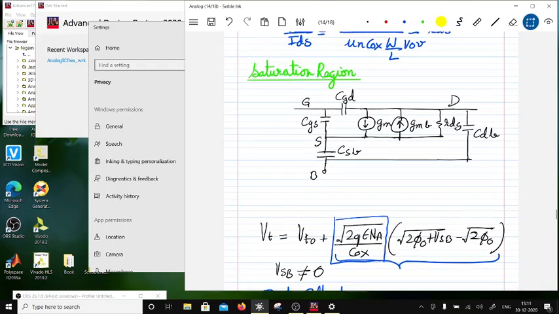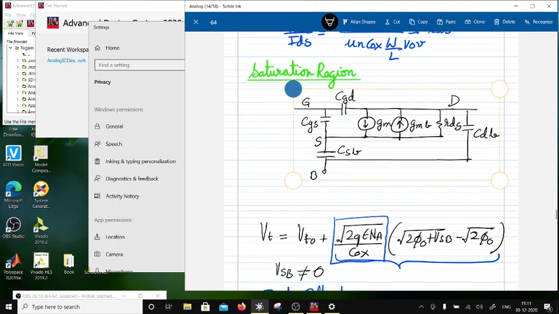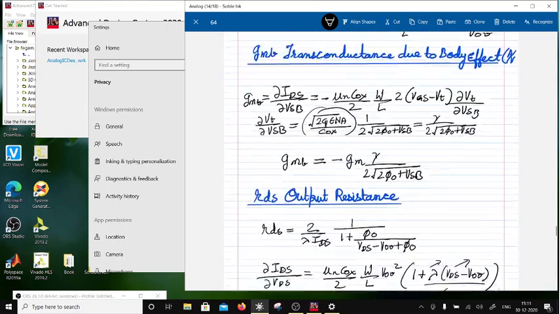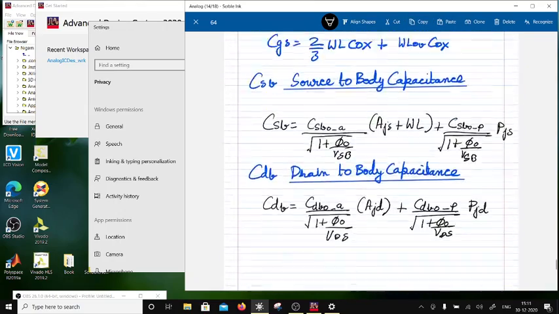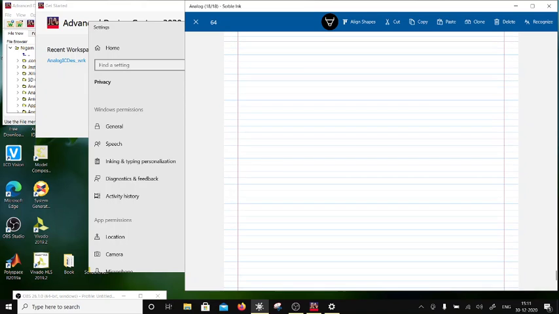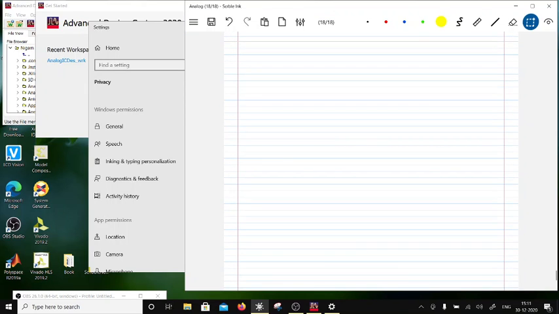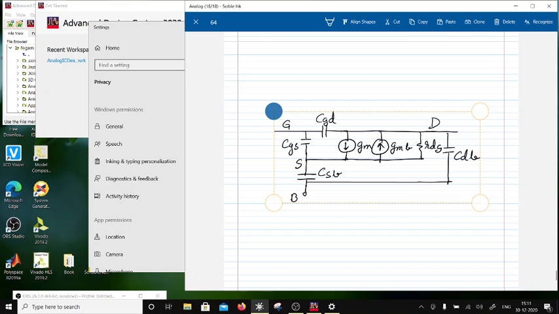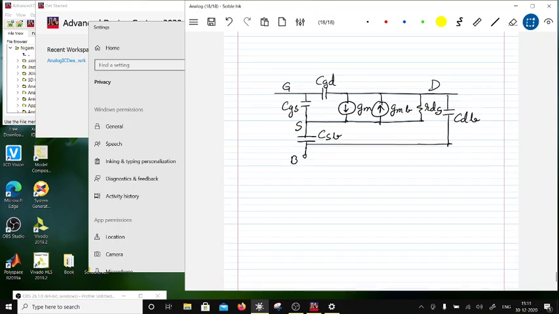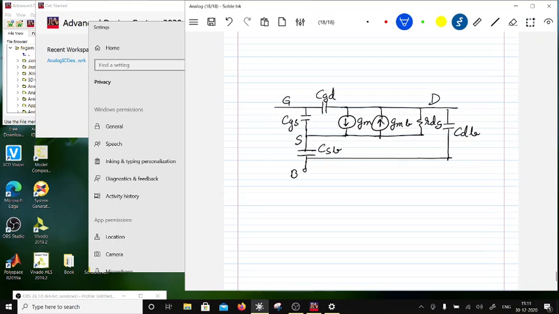So let me just copy this, and then I am going to paste it over here. This is the final thing. Okay, so I have found out everything almost, right? Everything is covered: CDB, RDS, GMB, GM, CSB, CGD, CGS.